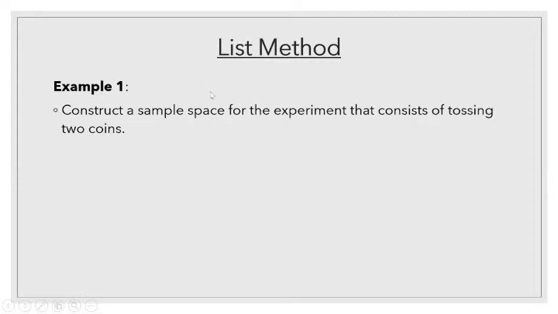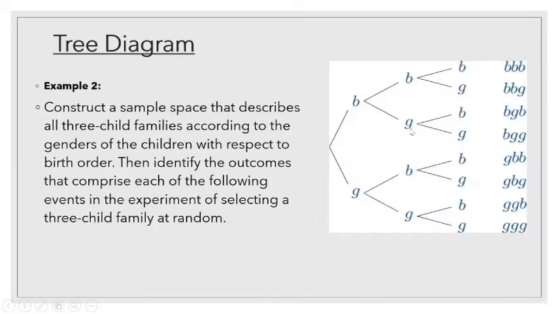So example of the list method, for example, example 1, construct a sample space for the experiment that consists of tossing 2 coins, right? A list method will be easy to do with this. The tree diagram looks like this, right? And it will work out for a question like this.